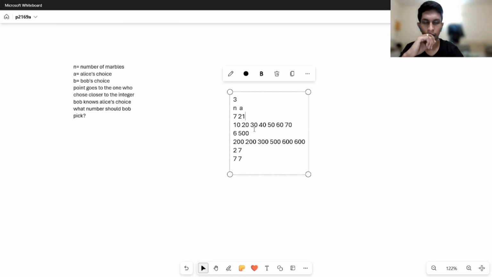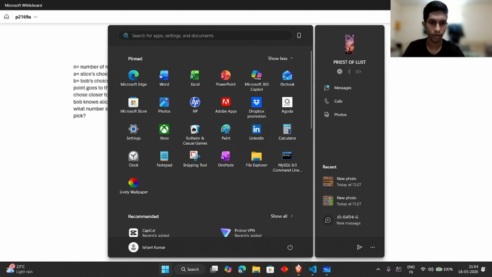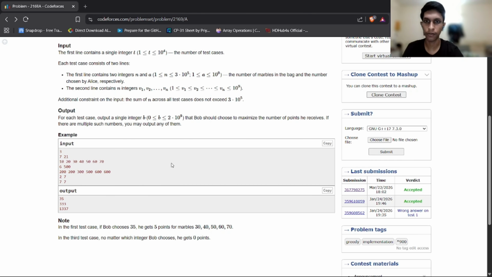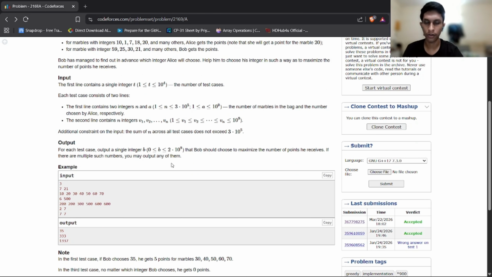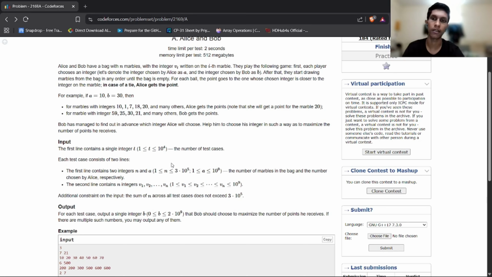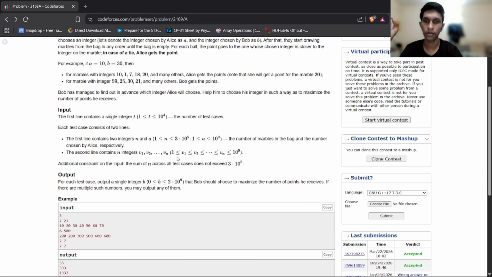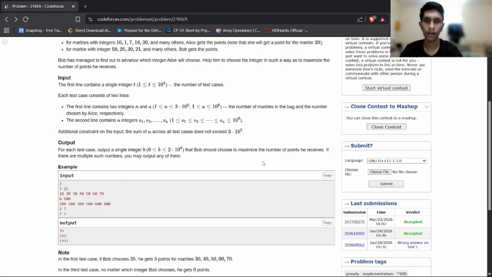In this problem, the value of b, the integer that Bob can choose, is not fixed. Any number can be chosen from our side. We can give any output as long as it maximizes the number of points Bob receives.